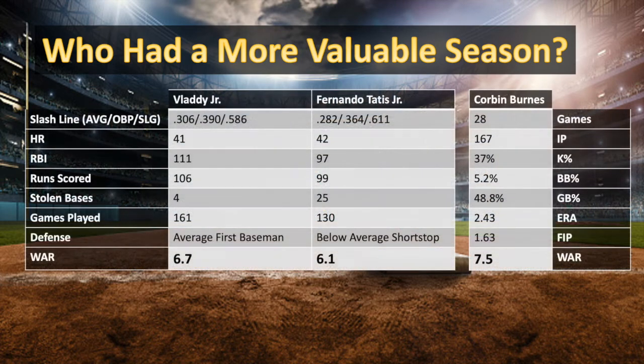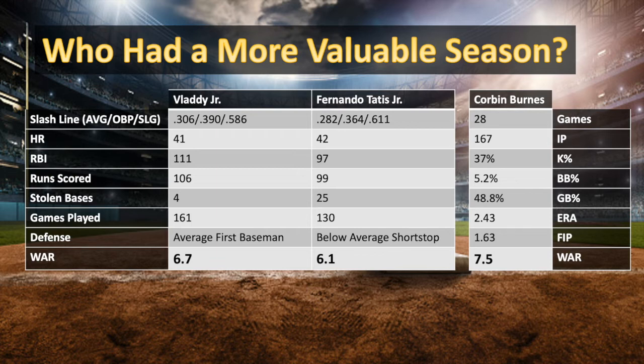We're going to get the big reveal here, right? So these three players are Vladdy Jr., Fernando Tatis Jr., and Corbin Burnes last year. And here are the respective WARs. So the best player here, the best player in the 2021 season, I think, was Fernando Tatis Jr. He had 6.1 wins in only 130 games, which is amazing.